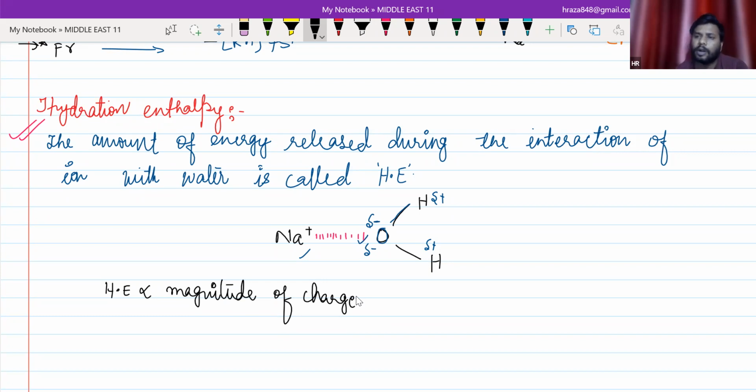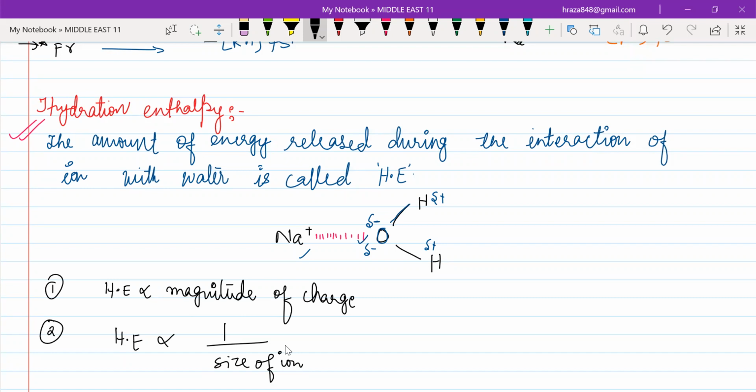So if there will be more attraction, that means more stability, that means amount of energy released will be larger. So the first point to compare hydration enthalpy is directly proportional to magnitude of charge, and the second is basically hydration enthalpy is inversely proportional to size of ion. If ion is smaller in size, it can attract with a greater force as compared to the larger ions. Is that clear? Yes, sir.